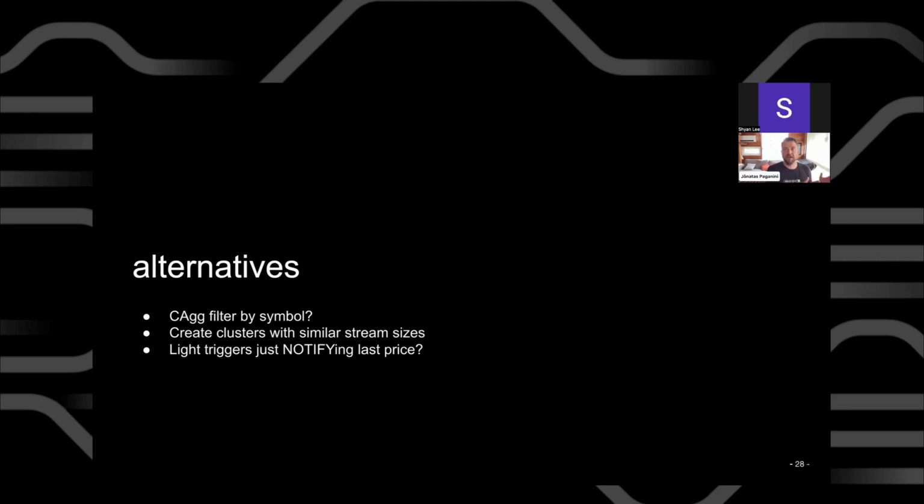So in this case, you could cluster them in continuous aggregates with a subset of things that you really need to watch, or you could think about clustering them in similar sizes.